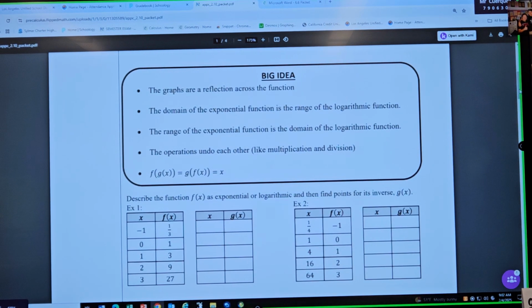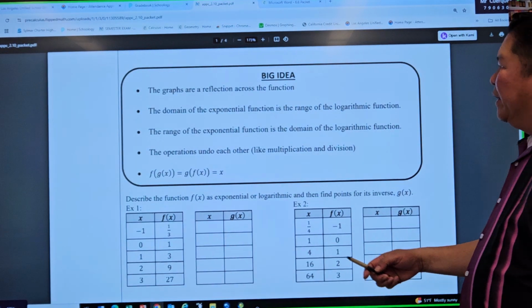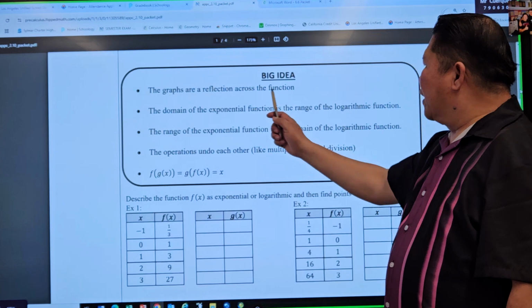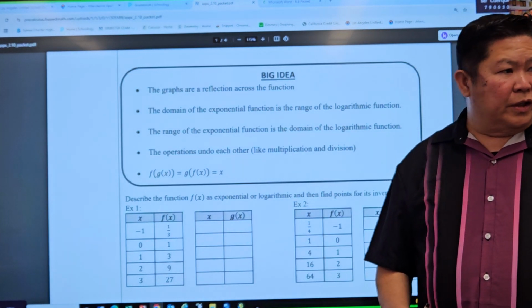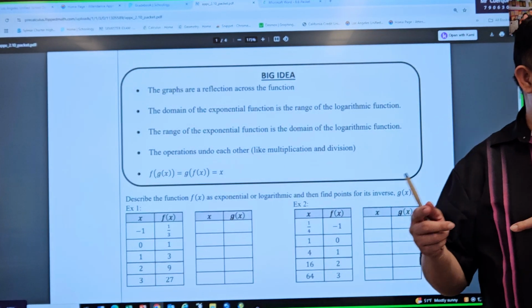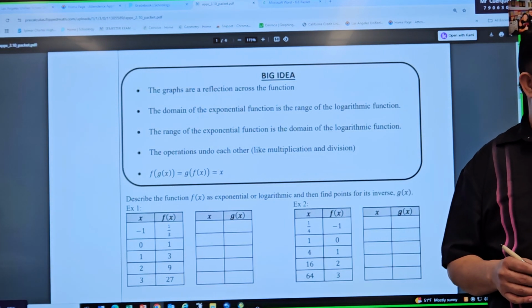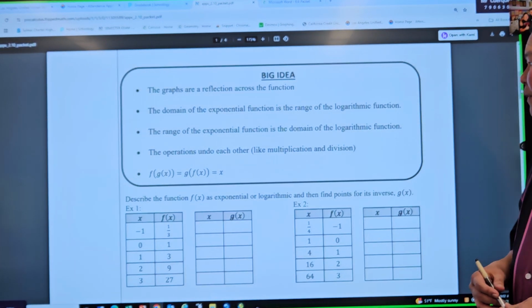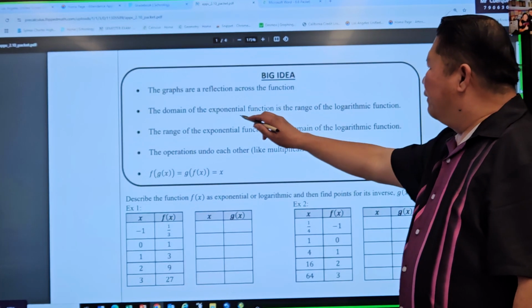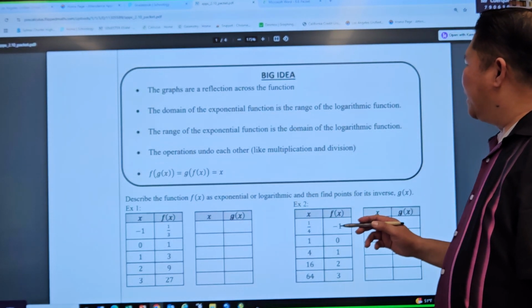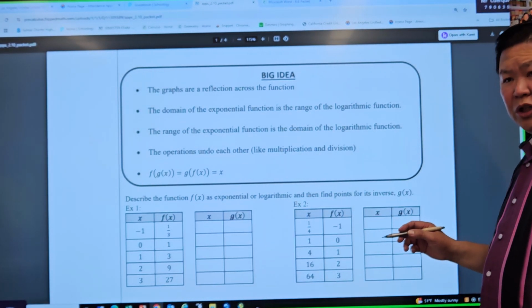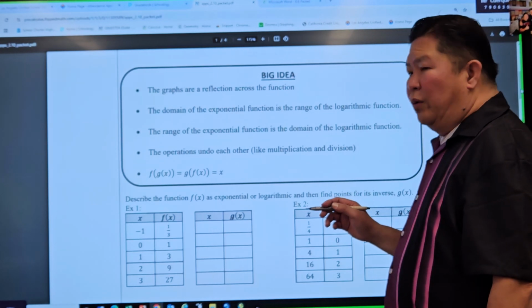So we're gonna have the big idea right here. The graphs are a reflection across the function. So the graphs are a reflection. A while ago, the red and the black graph. So, the domain of the exponential function is the range of the logarithmic function. So, what is domain, guys?